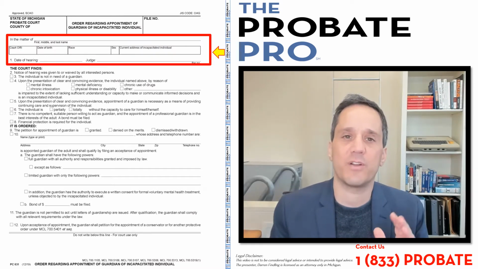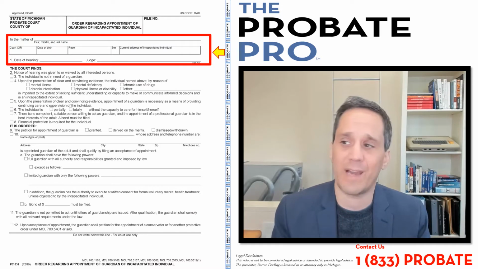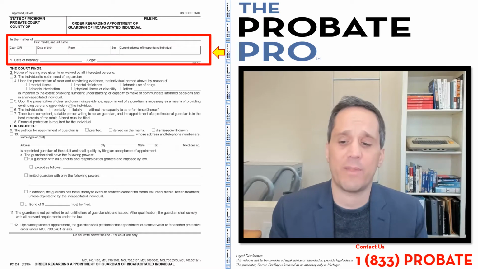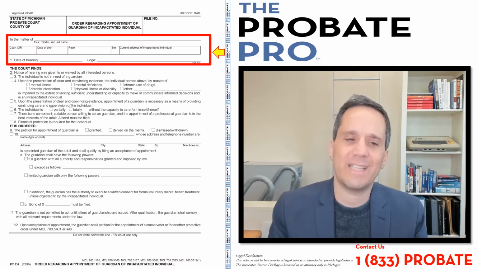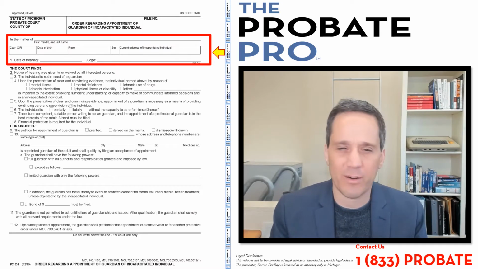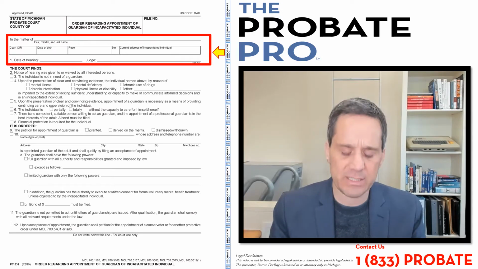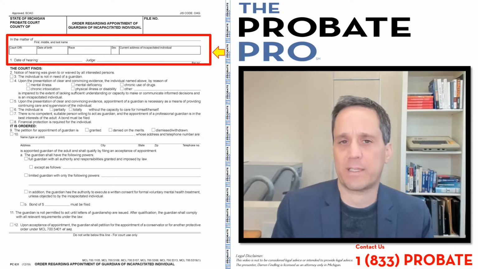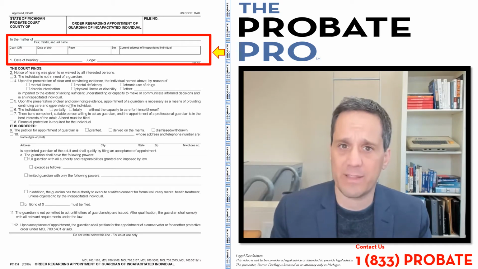Date of birth is filled in, race is filled in, and the incapacitated individual's current address as well as how they identify their sex. Now, it's a little weird why they're asking for sex and why they're asking for race here. It feels a little archaic, but that general information is still a requirement as reflected on this court order. The date of the hearing and the judge is reflected there.